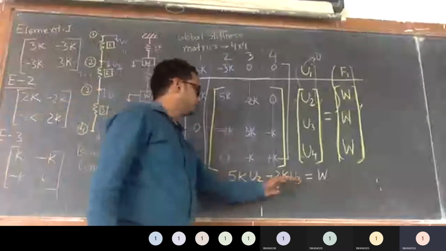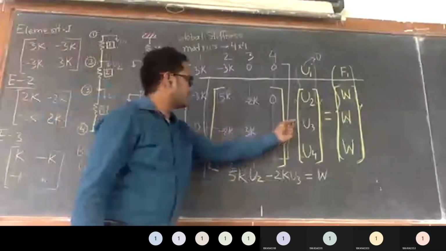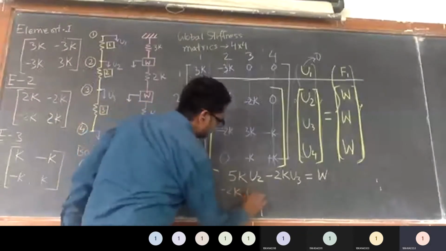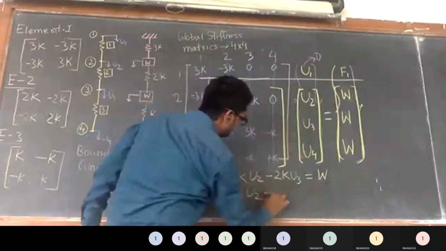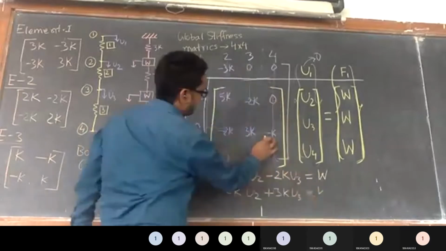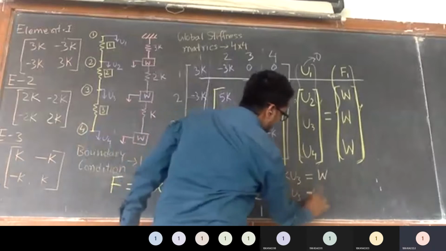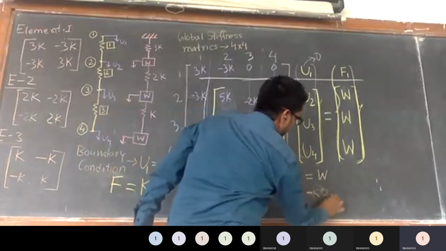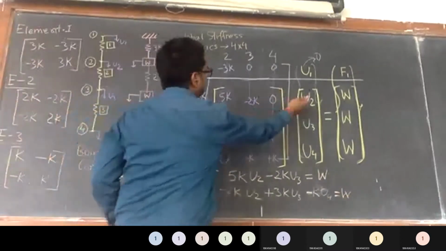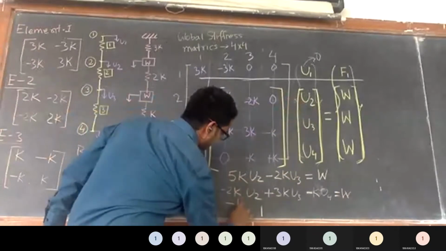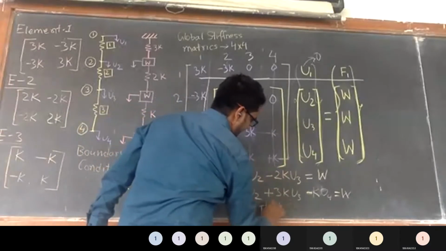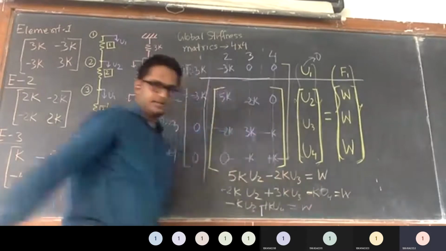So you will get some relation between u2 and u3 from here. Now from the second row, you can get minus 2k u2 plus 3k into u3 minus k into u4 equals to W. And the last equation will be 0 into u2, minus k into u3 plus k into u4 equals to W. Yes, anyone getting the answer?